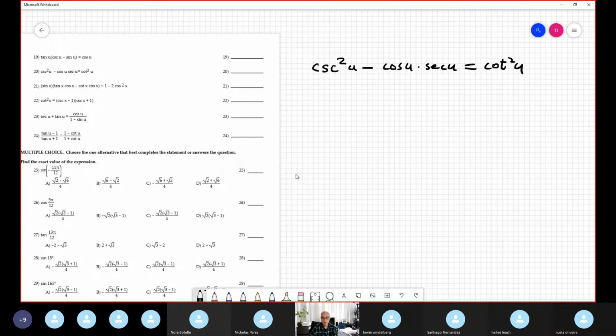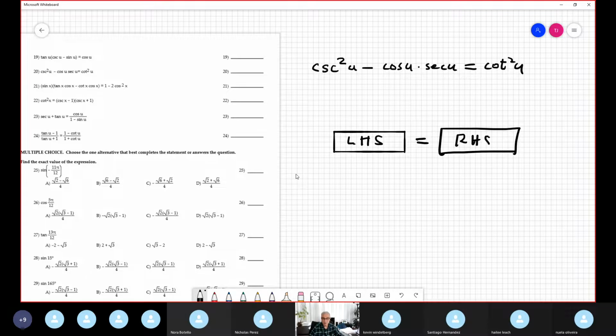Suppose another more complicated one. Okay? You cannot prove it by hand. You put it in the software, and you put the left hand side equal to the right hand side, and you copy both, and you press enter, okay, and the answer is yes, identity, says true. That means it's true for any value of u or theta or whatever, right?